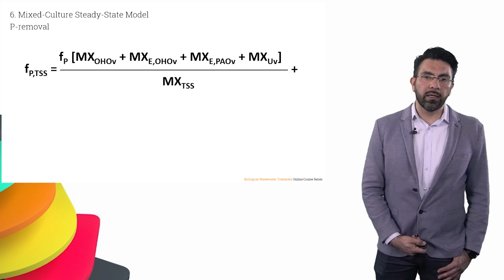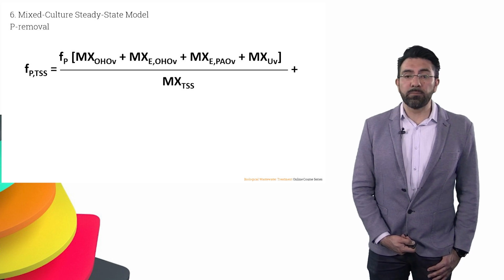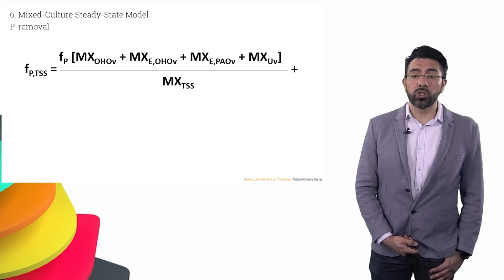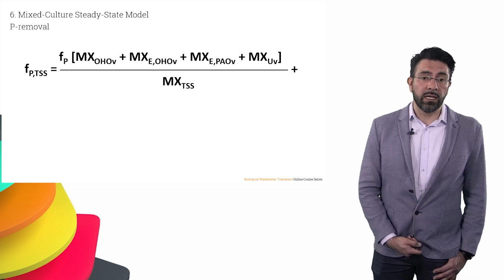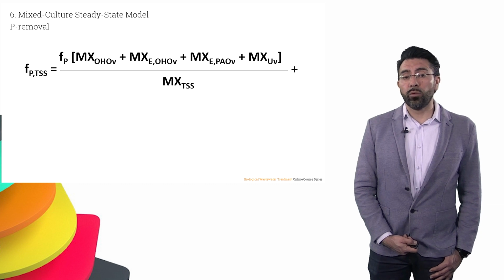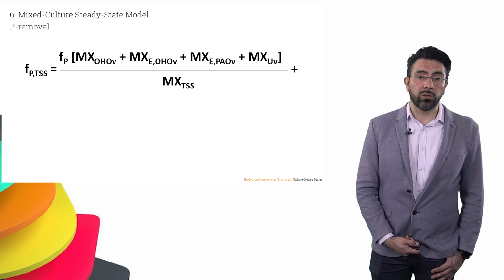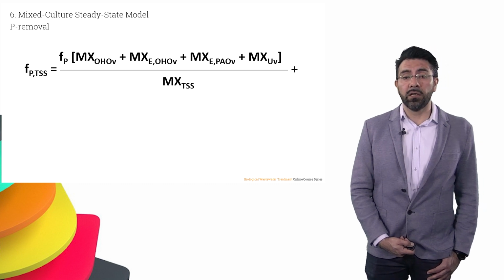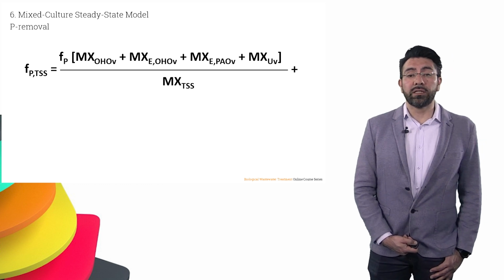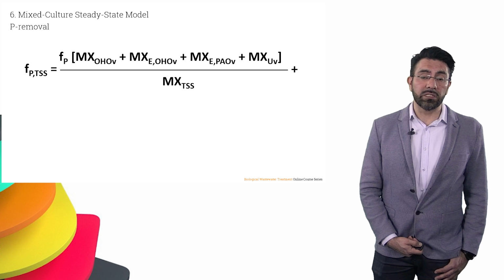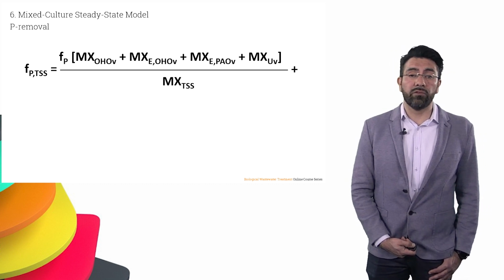But before that, it is also important to estimate what is the actual amount of phosphorus that is present in the total suspended solids. So not only in the PAOs, but also in the total suspended solids. And the main reason is that when we are handling the solids, not only the waste activated sludge that is extracted from the activated sludge plant, but also, for example, when we take into account the loss of solids through the effluent of the activated sludge system through the secondary clarifier, those solids contain phosphorus.